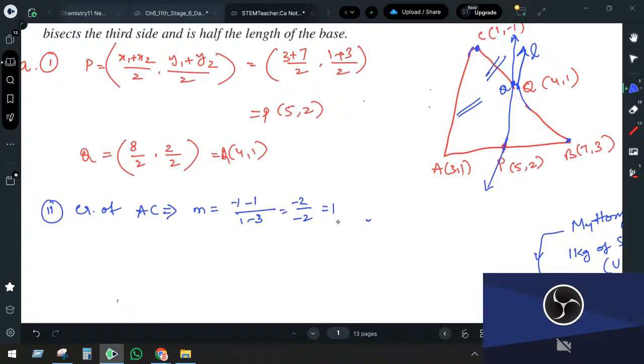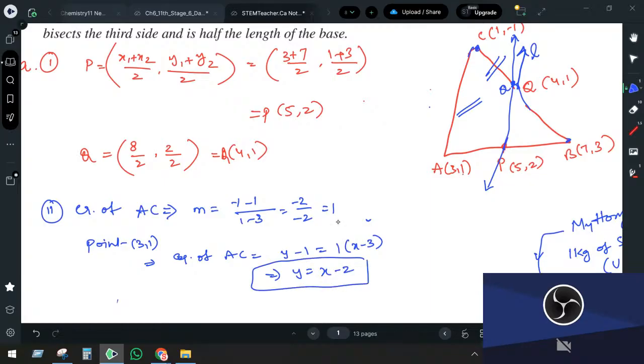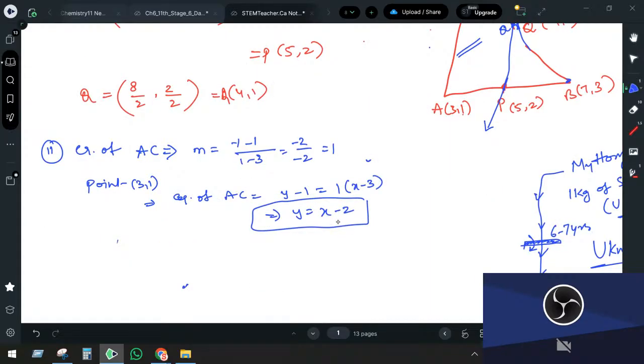And the point is 3 comma 1. So the equation of AC is y - 1 = 1 into (x - 3), which implies y = x - 2.